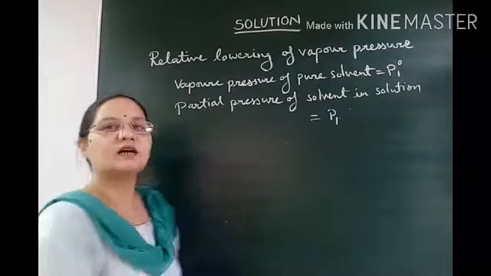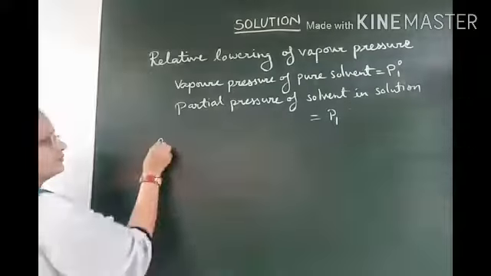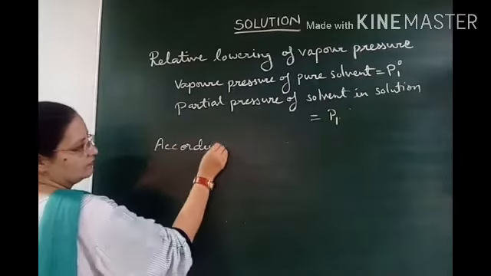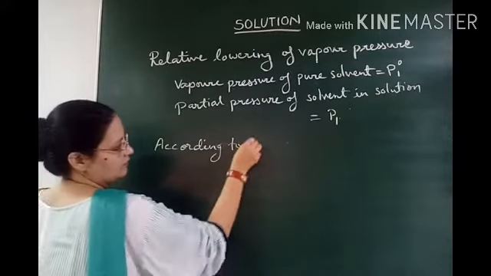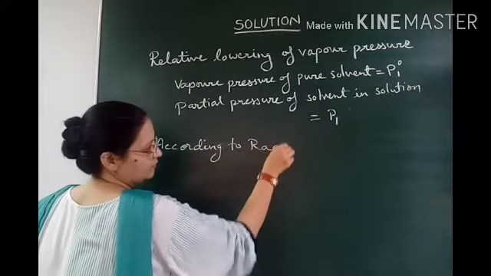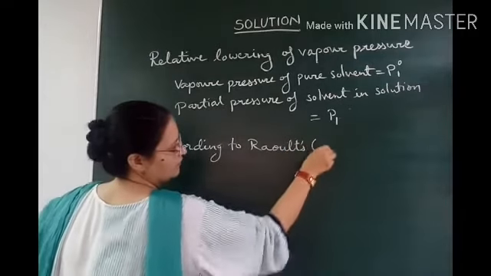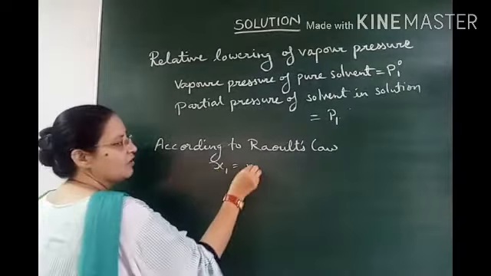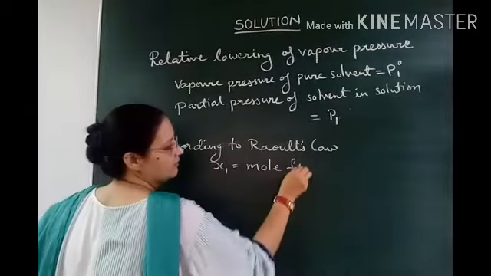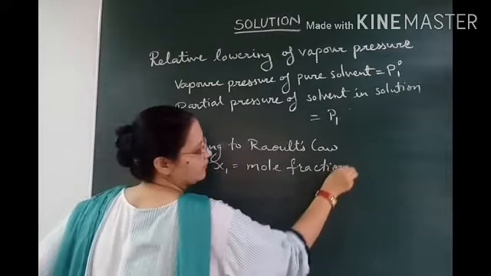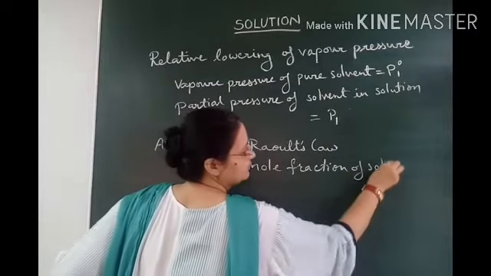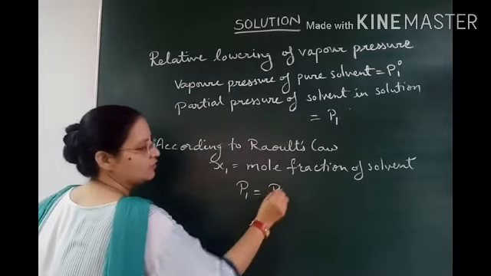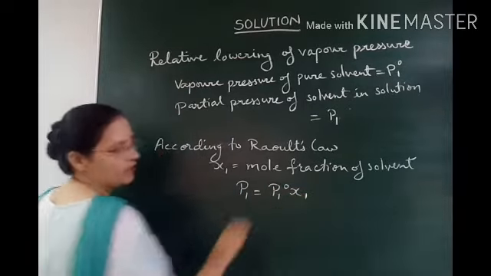Now, according to Raoult's law, if X1 is the mole fraction of solvent, P1 is equal to P1 naught X1.